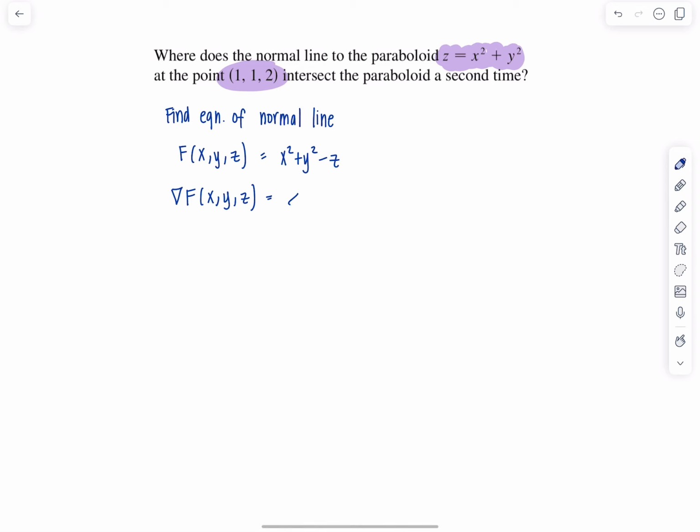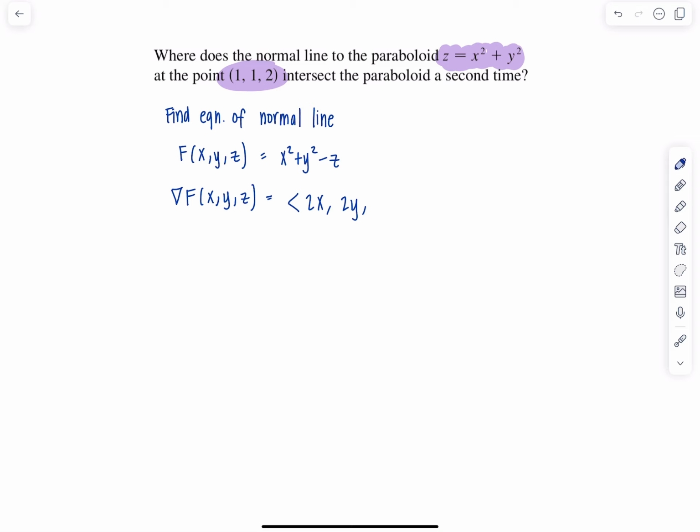When we're finding the gradient, remember we take all of the partial derivatives for the respective components. First component, I'm going to take the partial derivative of x squared plus y squared minus z with respect to x. The derivative of x squared will be 2x, and the derivative of the other terms with respect to x is just 0. Next component, the partial derivative with respect to y, so I'll have 2y and everything else is 0.